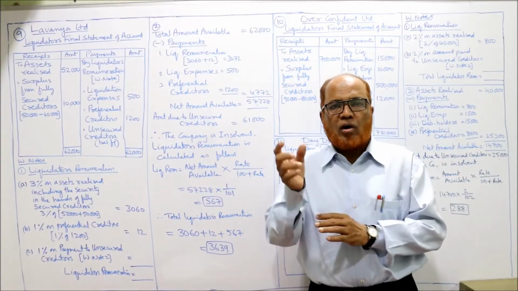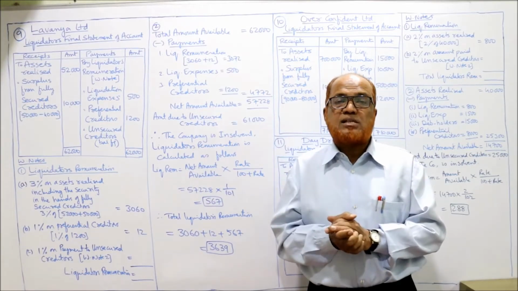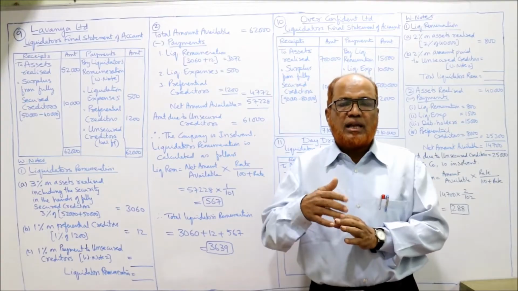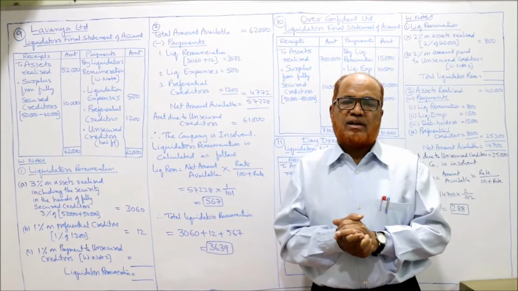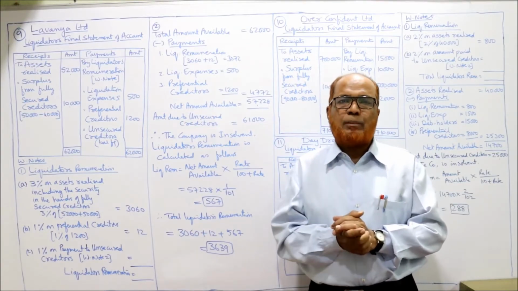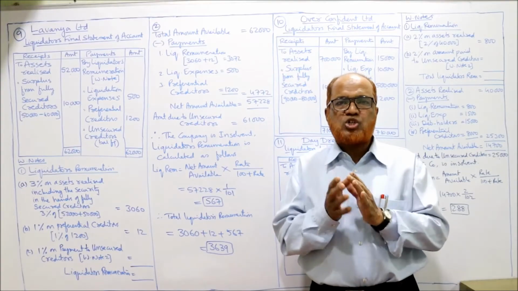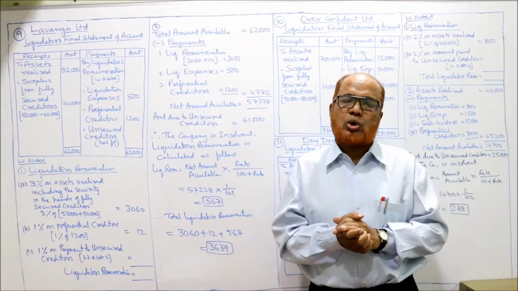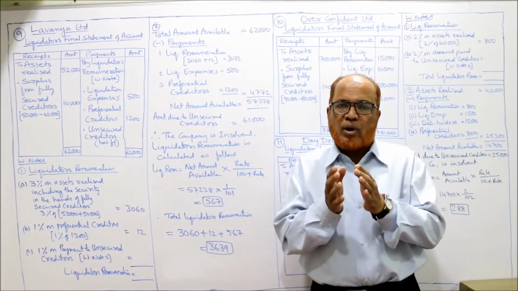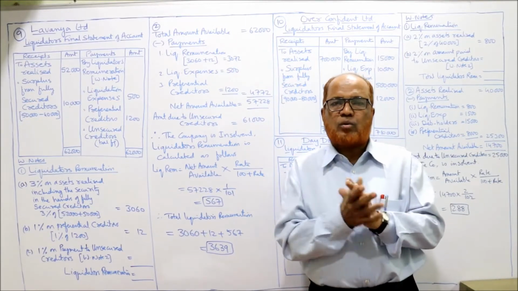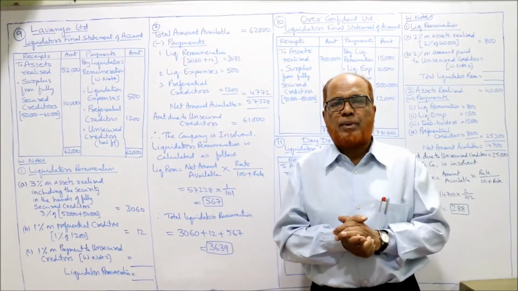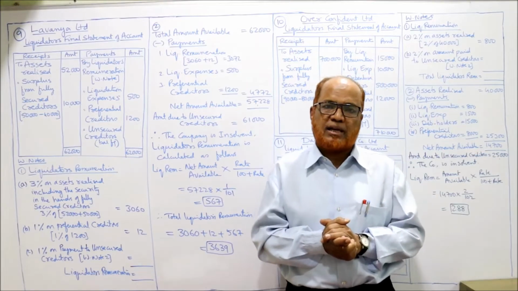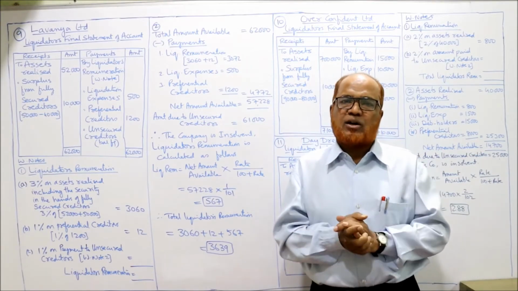Payment side, the order is first liquidator's remuneration, then liquidation expenses, then amount paid to debenture holders, then preferential creditors, after preferential creditors, unsecured creditors. Then if any amount is left after making payment to unsecured creditors, then the payment will be made to preference capital and equity share capital. Like that, in that order.